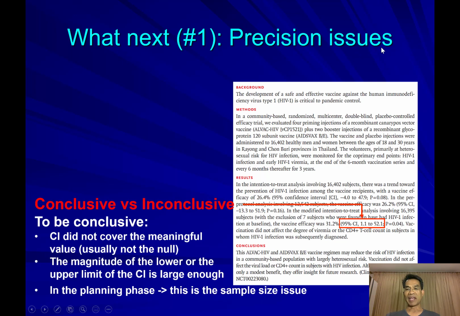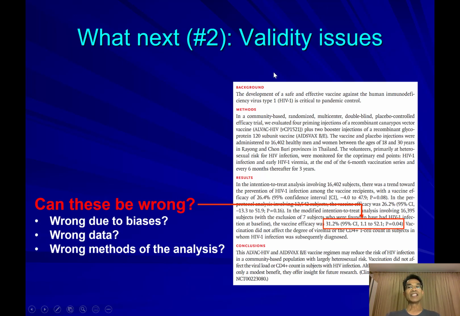So the last one is in the planning phase, not after the results are finished. In the planning phase means we plan for the study or we design it. This issue is about sample size calculation. We can discuss the sample size calculations in a future lecture.